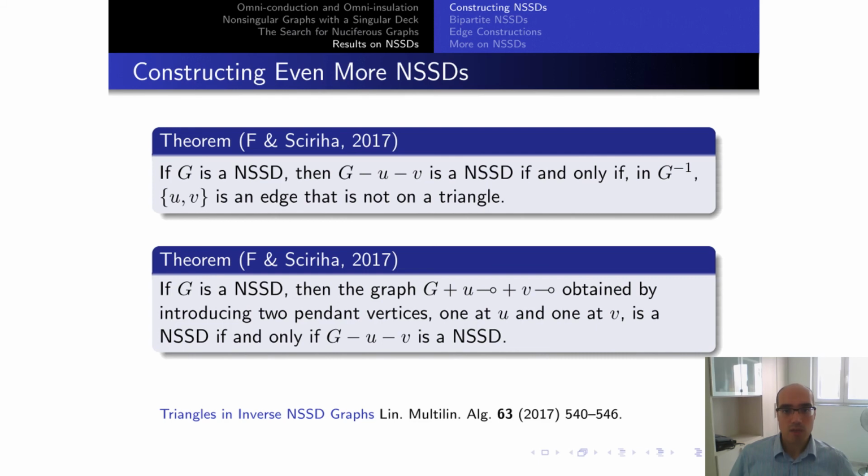What if we add two pendant vertices, one to U and one to V in G? It turns out that the resulting graph is an NSSD when the same exact conditions for G minus U minus V happen, which means that UV is an edge in the inverse that is not on a triangle.